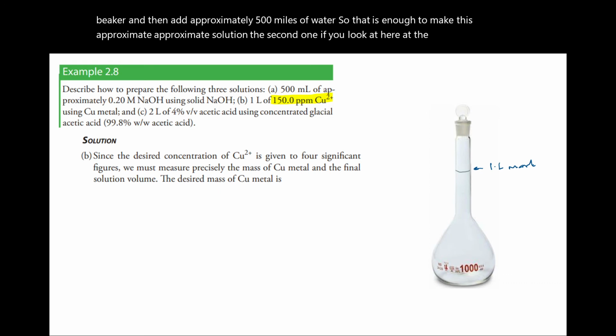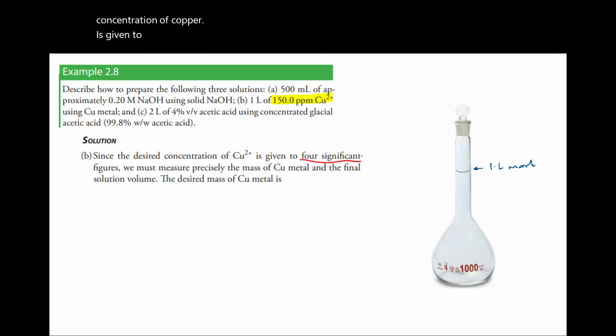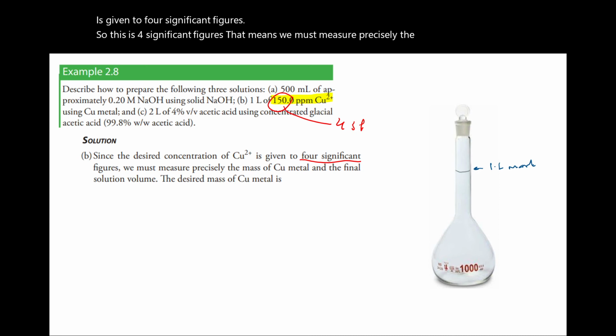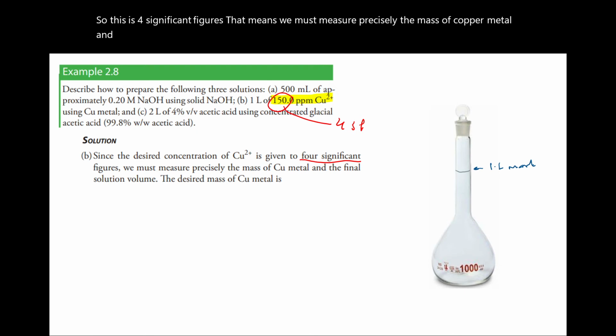The second one, if you look here, the desired concentration of copper is given to 4 significant figures. That means we must measure precisely the mass of copper metal, and the final solution volume has to be precise as well.